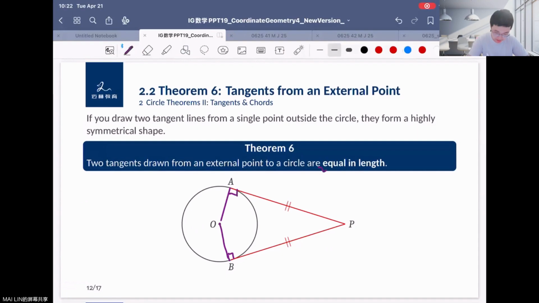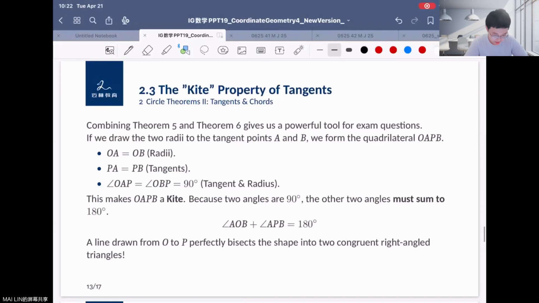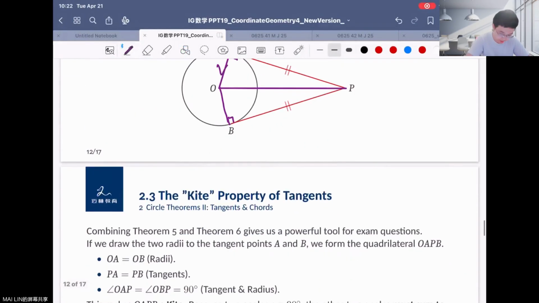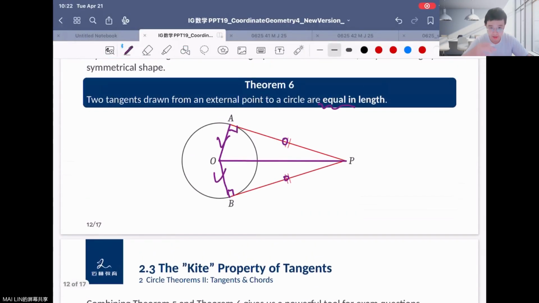If you connect PO, the triangle POA is congruent to triangle POB. It is very important for us to understand this. And also the kite property for tangents. First, OA equals OB, and PA equals PB. Also, angle OAP and angle OBP both equal 90 degrees.